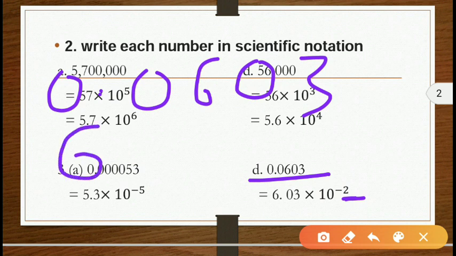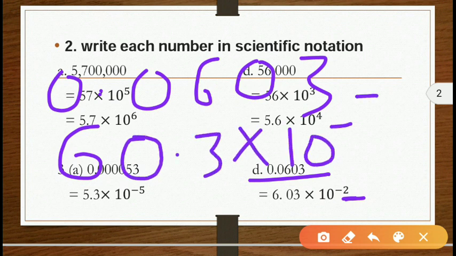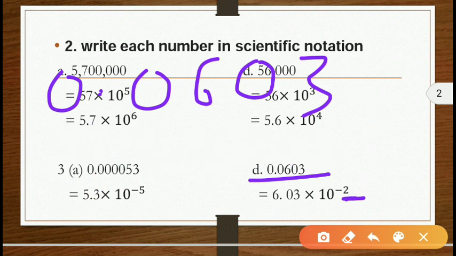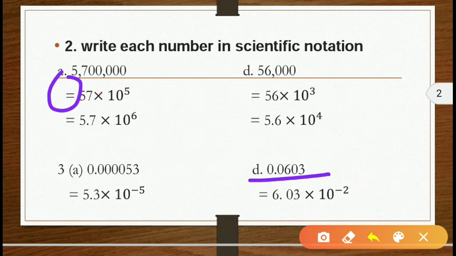So you can write 60.3 into 10 to the power minus 3. This is also right, but the place of the decimal has changed and the power is different. If you write 60.3 into 10 to the power 2, this would be wrong. If you change the place of the decimal, your power will also change.